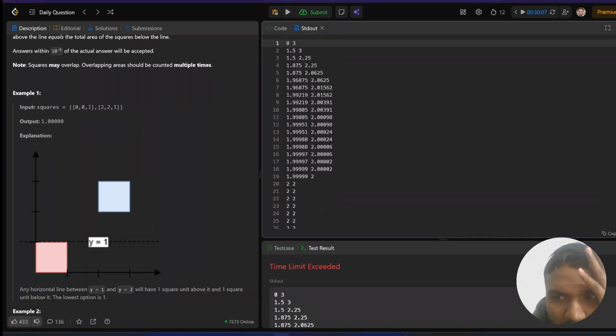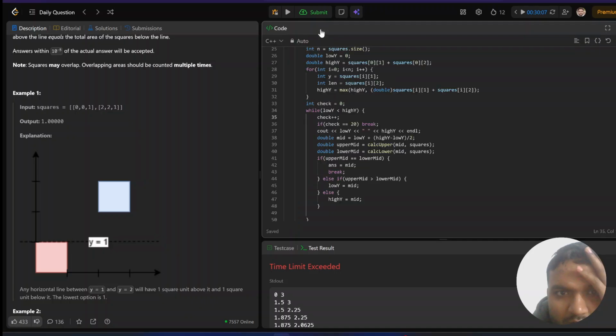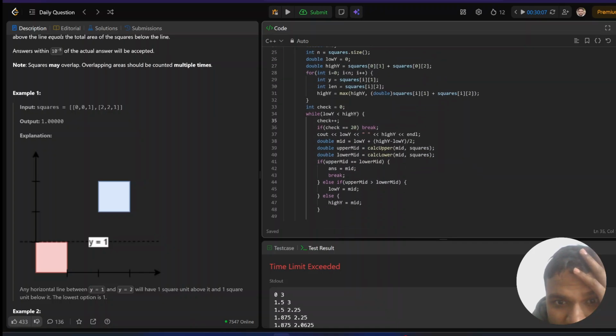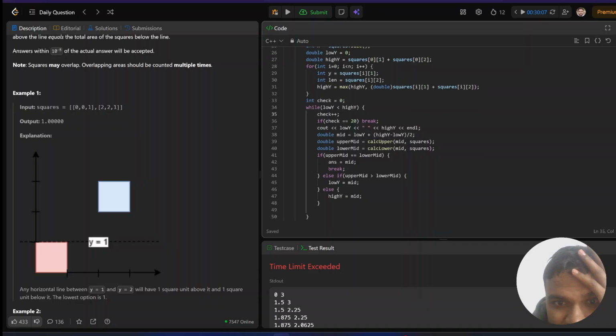Okay. I think check is starting from 0. It becomes check plus plus. One time it will become 20, then break.